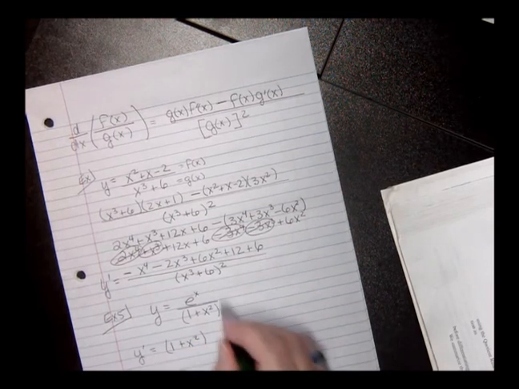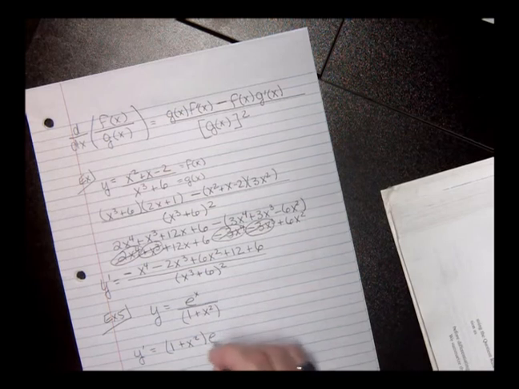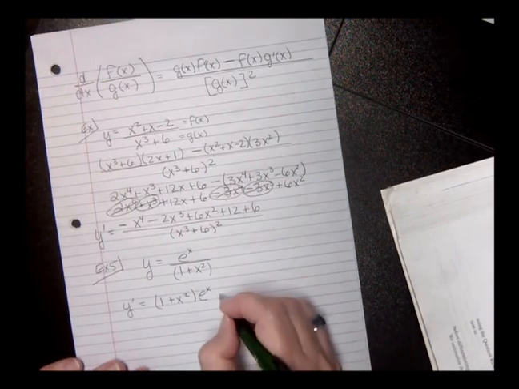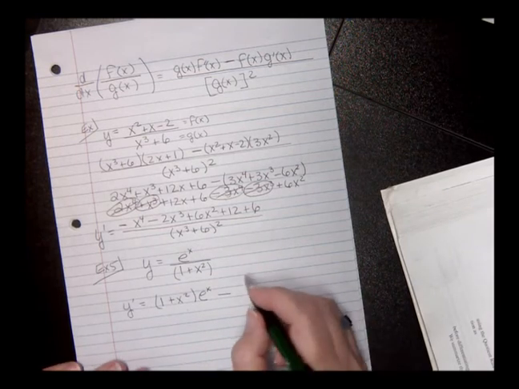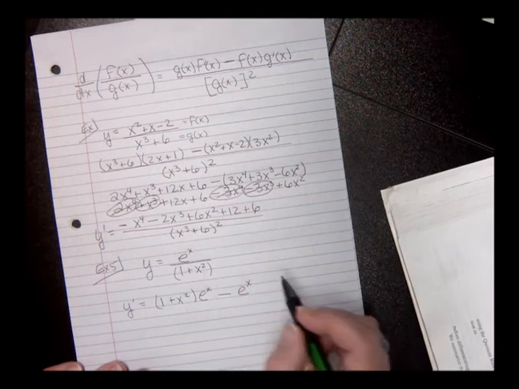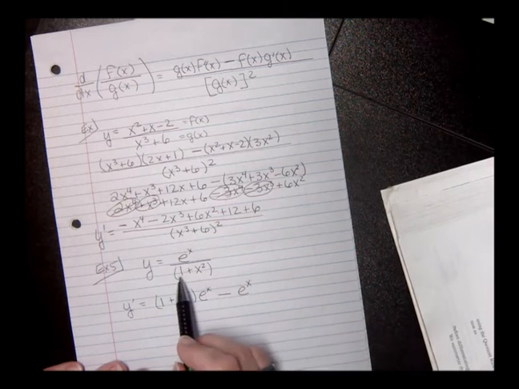Then differentiate e to the x, which is just e to the x. It doesn't change, remember. Then subtract e to the x times the derivative of the bottom. So if I differentiate this, I will get 0 plus 2x.